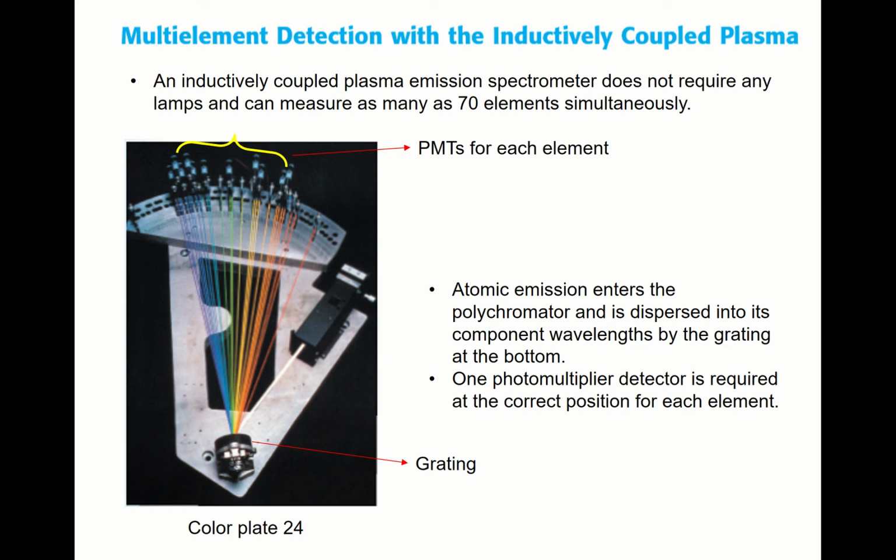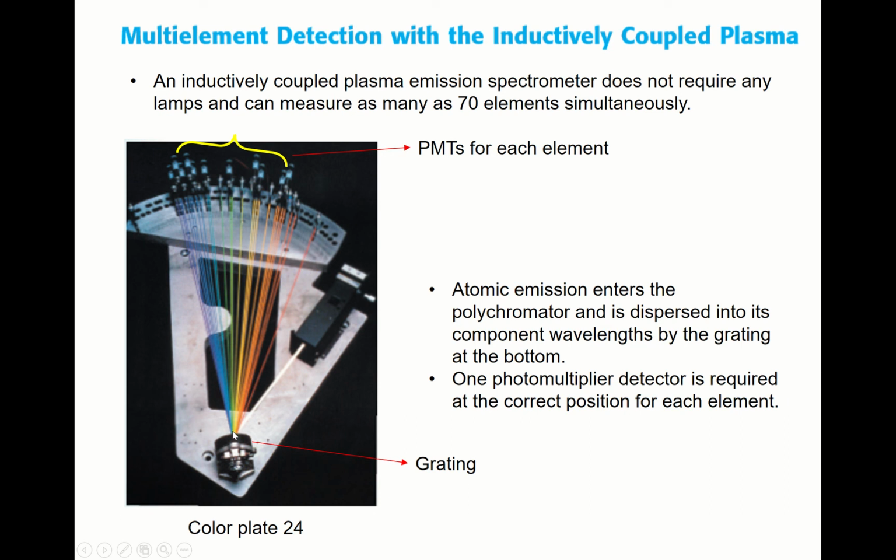Each element in the ICP plasma emits its own emission line, and those emission wavelengths are all different. So in this grating, they are all diffracted at different angles.